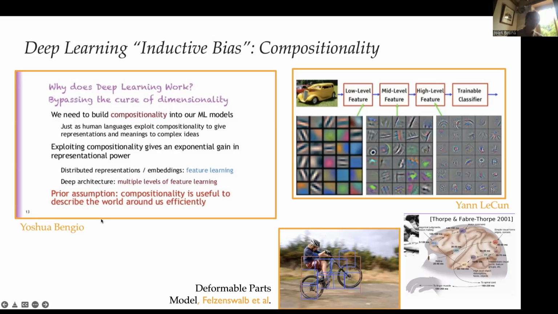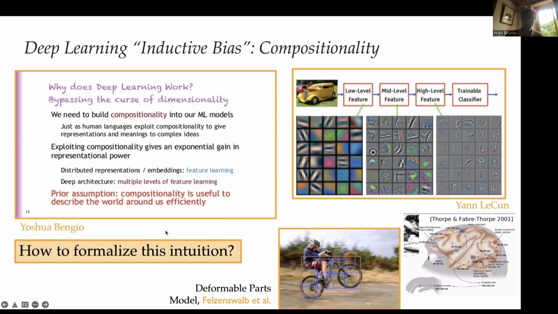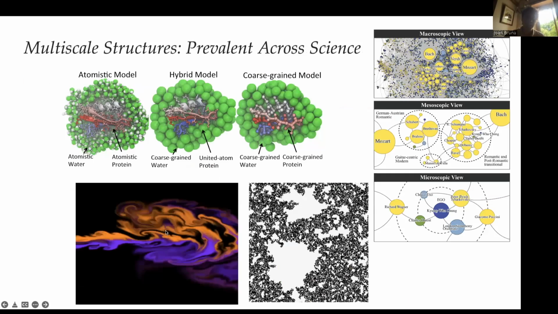In fact, this is a very intuitive idea. It's present in deep learning, but of course it was present in many other areas before. Even people doing computer vision have exploited this idea. In fact, this compositionality is in a sense at the core of science and physics.